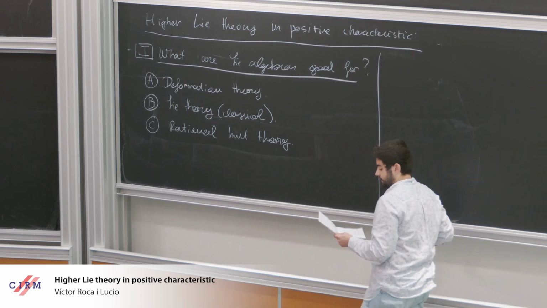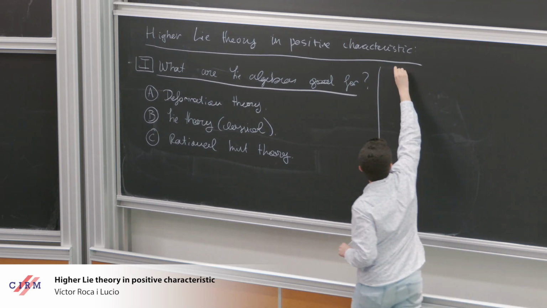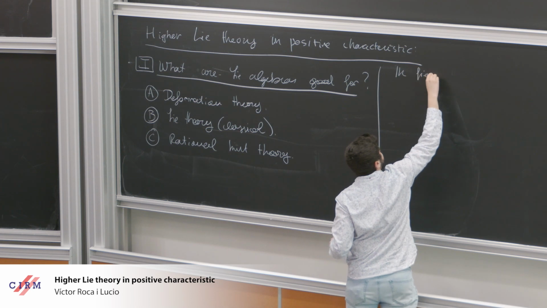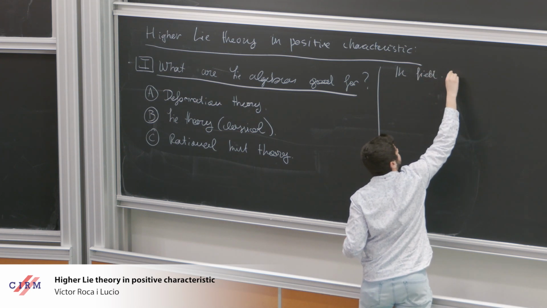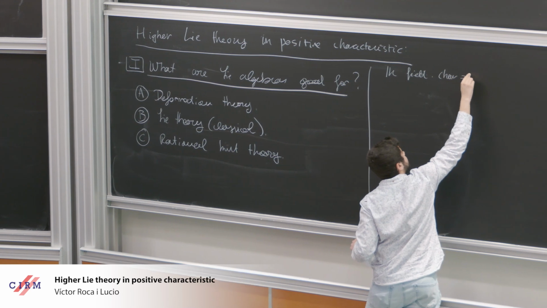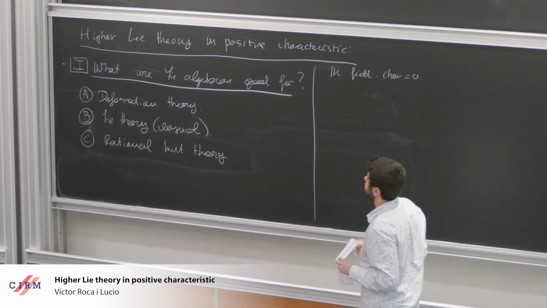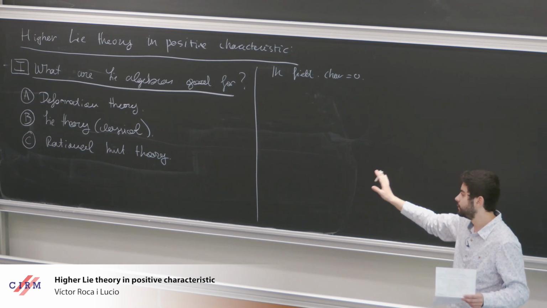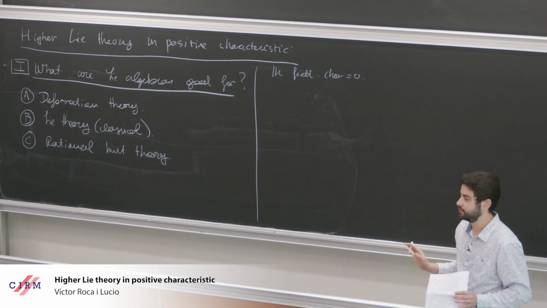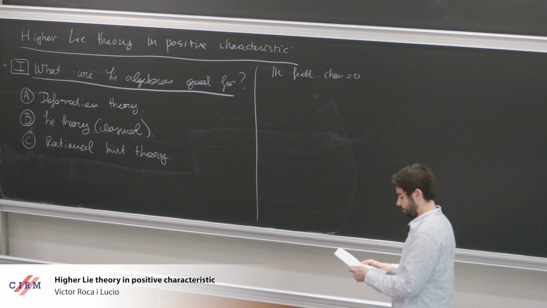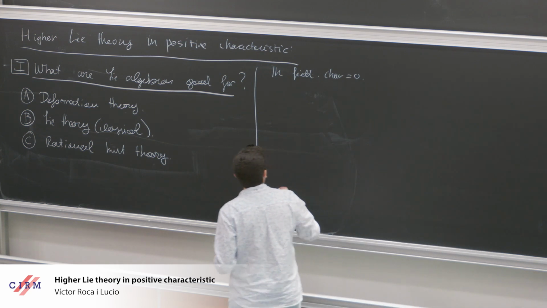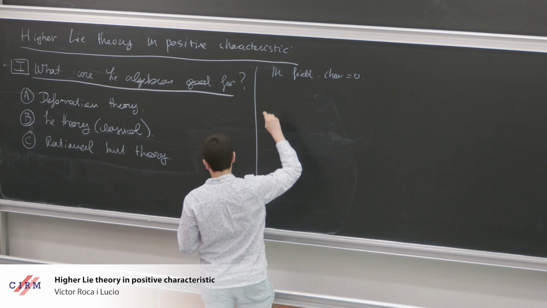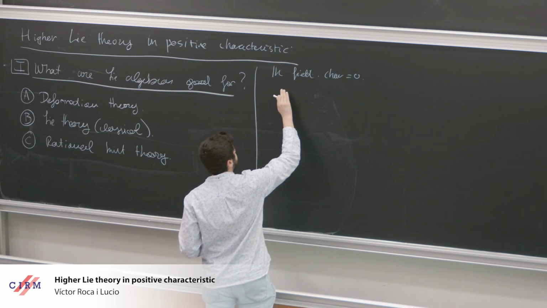Let me first start by fixing a field, and it's going to be of characteristic 0. And let me explain what I mean first by deformation theory. Here what I will mean by deformation theory is infinitesimal deformations. Roughly, what I want to consider is the following.